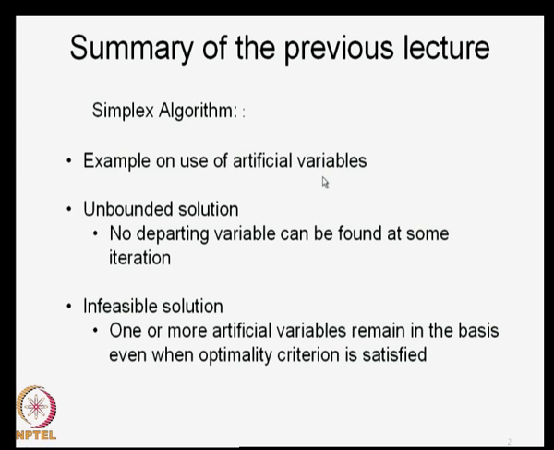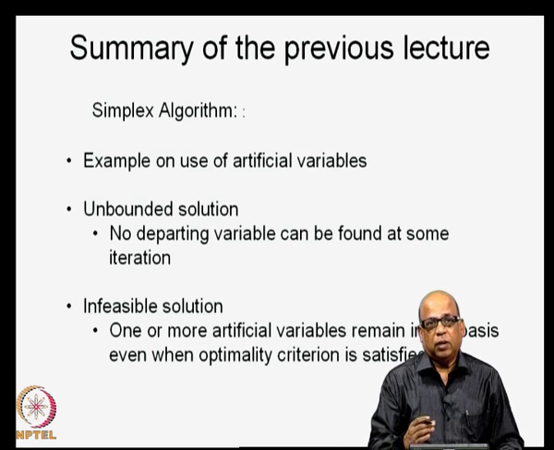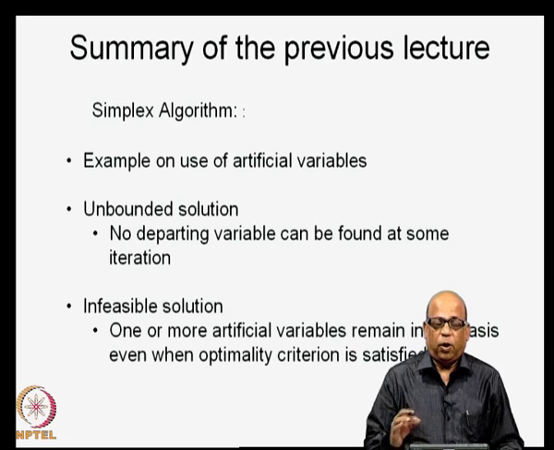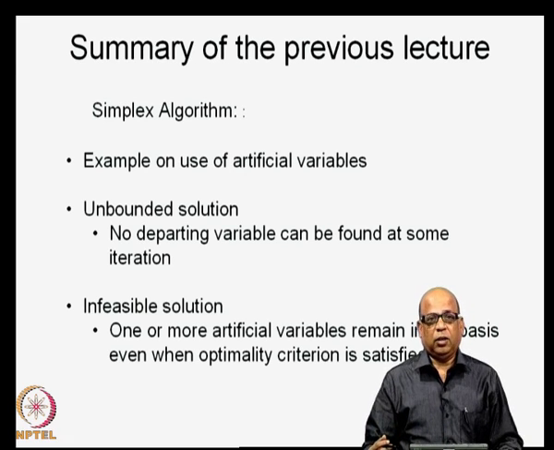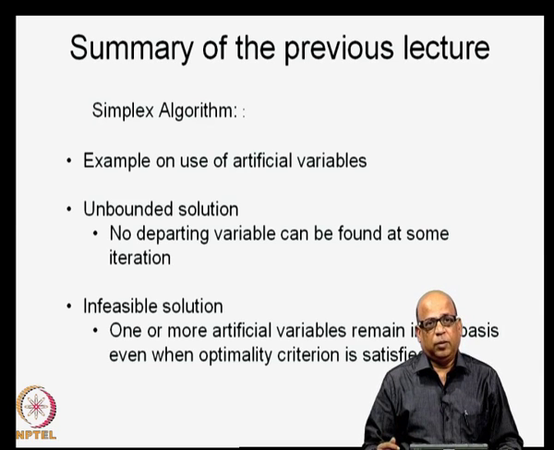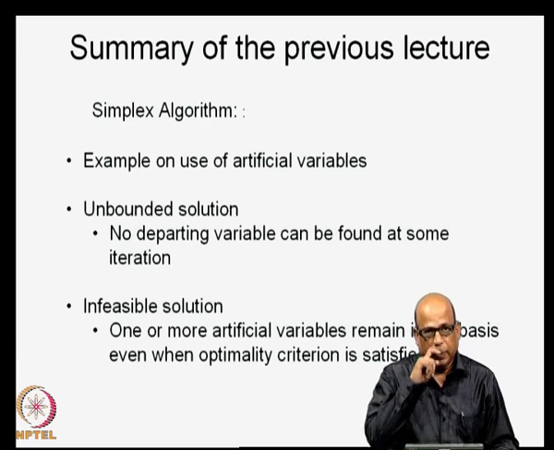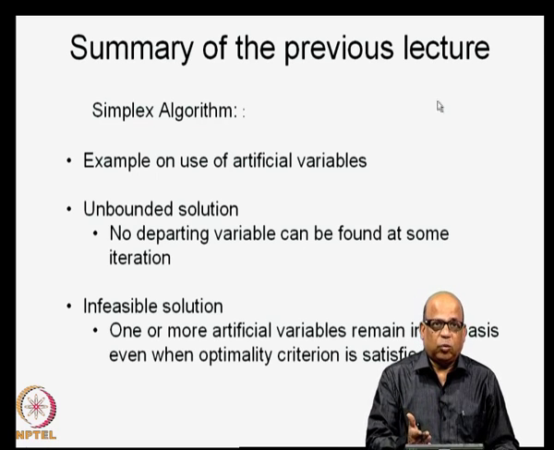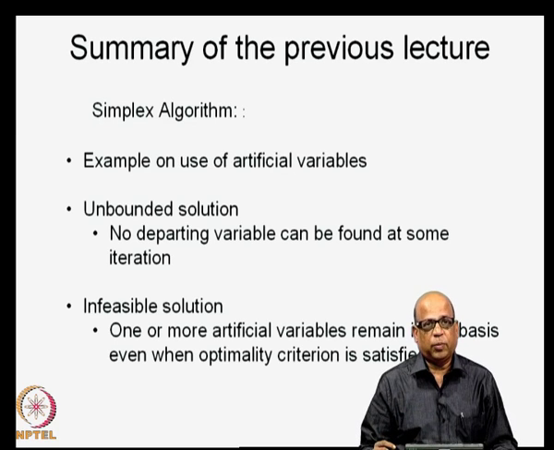Recall that we transform the z row corresponding to each of the artificial variables and then use the transformed z row in the simplex algorithm in the first iteration. If the problem has a feasible solution, then the artificial variables that we have introduced to start the computations will quickly go out of the basis, and they make way for the other original variables of the problem, including the slack and surplus variables.